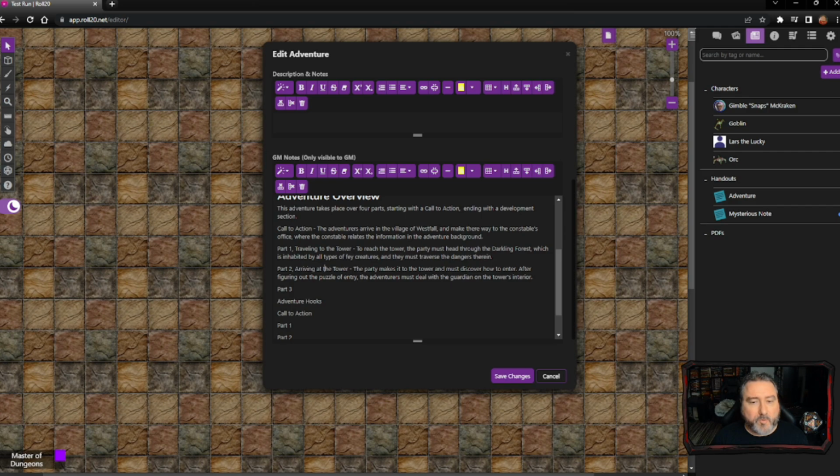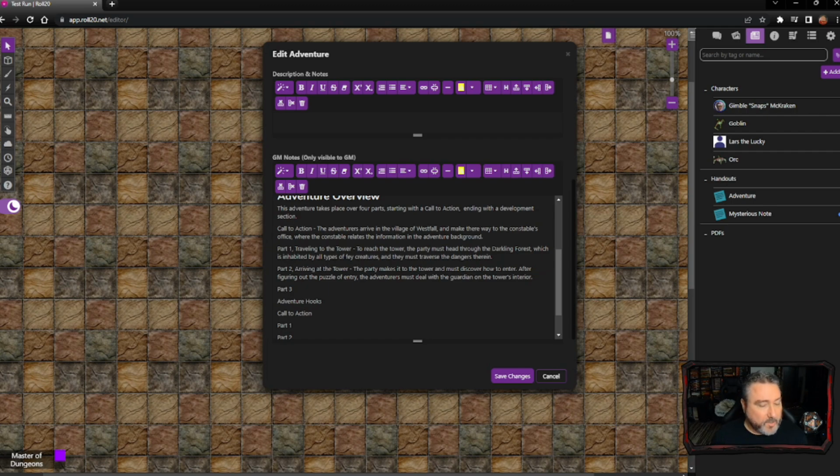And then when we get to working on part 2, the tower does not have a visible entrance, and the characters need to go around trying to find different ways to get in. Obviously, when we get to that part, maybe the party has a wizard or a bard or a magic-using character that has detect magic, which could lead to another clue.